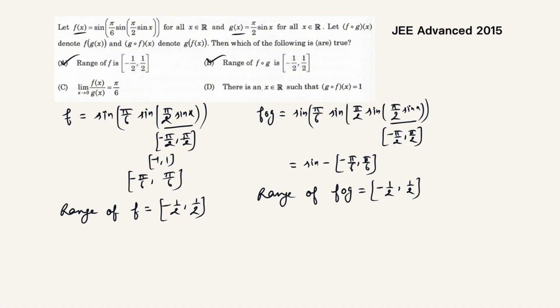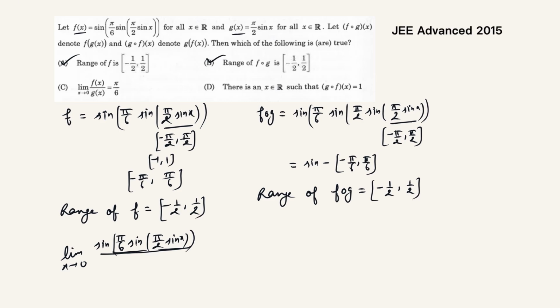Now let's check the limit of f over g. Limit of f over g, f is sine pi by 6 sine pi by 2 sine x. And we can see that as x tends to 0, this whole term tends to 0. Therefore, we can use sine x over x equals 1, right?